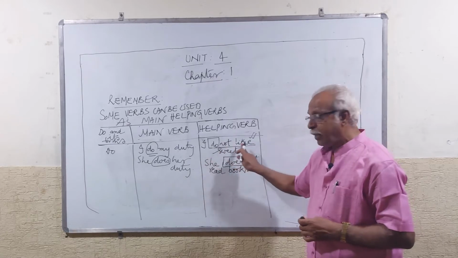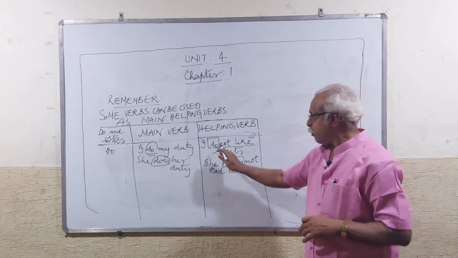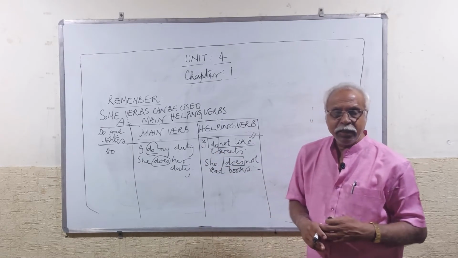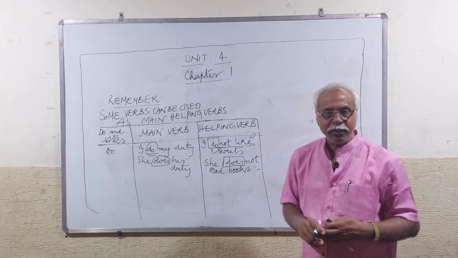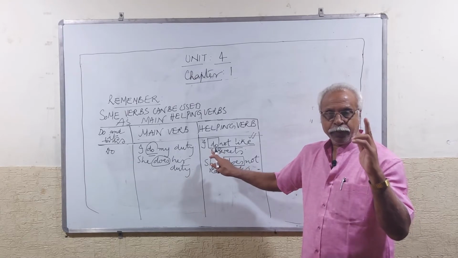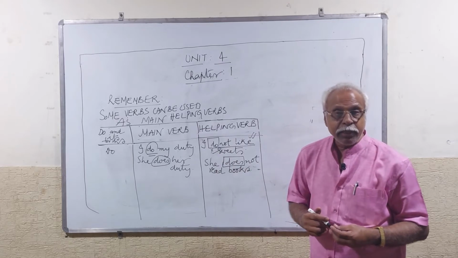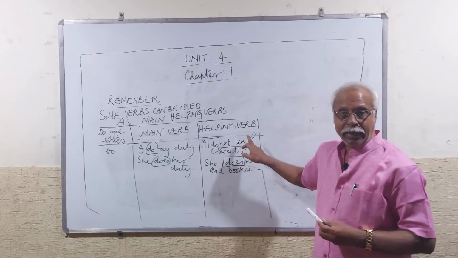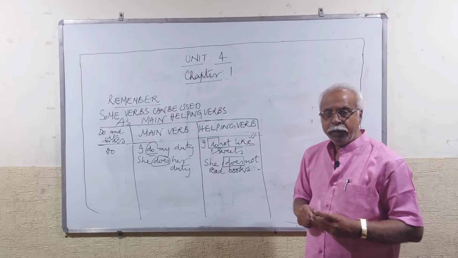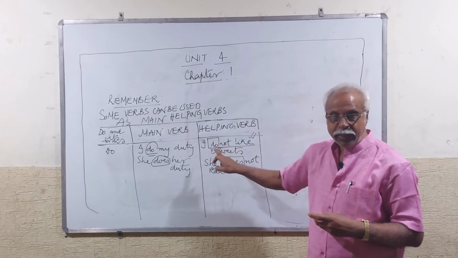This do is helping like to make negative sentences. Without do, it's not possible. I not like sweets, I like not sweets, you cannot say. So if you're asked to tell the verb in this sentence, you should say do and like are both. What is do? Do is helping the main verb like to form negative sentences there.